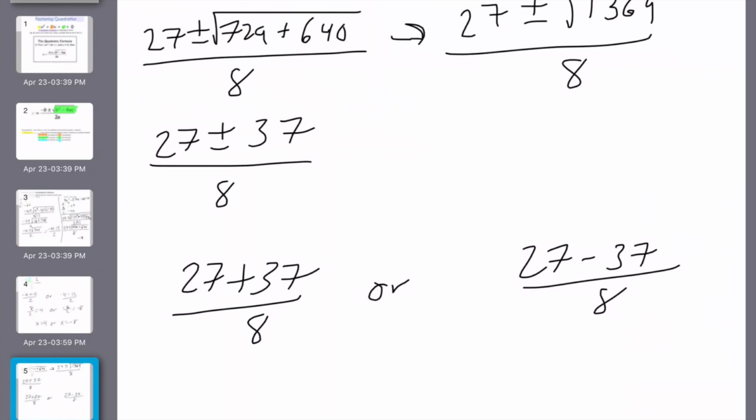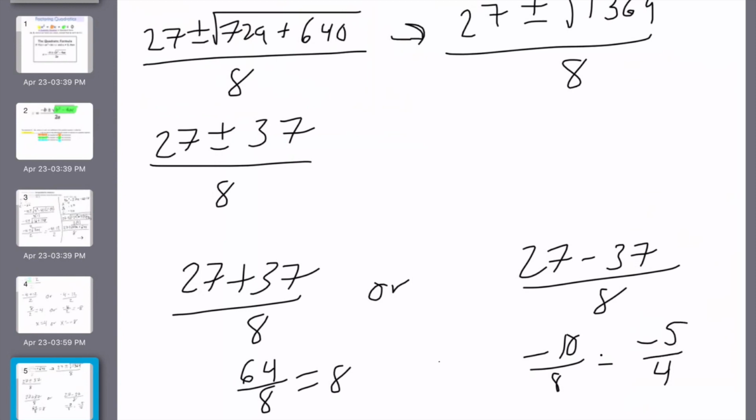Okay, so 27 plus 37 is 64 over 8, which is just 8. And then 27 minus 37 is going to be negative 10 over 8, which is just negative 5/4. So it's either x equals 8 or x equals negative 5/4. Those are my two answers.